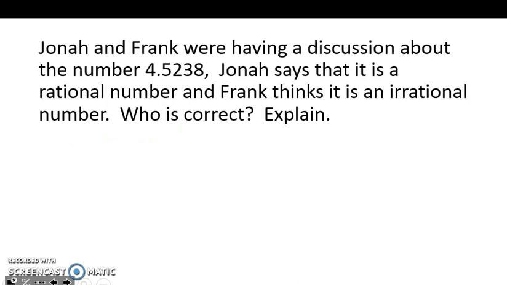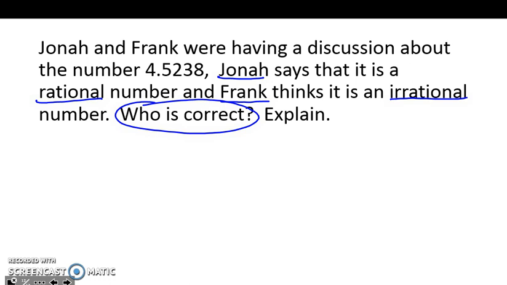All right, Jonah and Frank were having a discussion about the number 4.5238. Jonah says that it is a rational number, and Frank thinks it's an irrational number. Who is correct? And explain, okay? So Jonah thinks it's rational. Frank thinks it's irrational. So our first question says, who is correct?